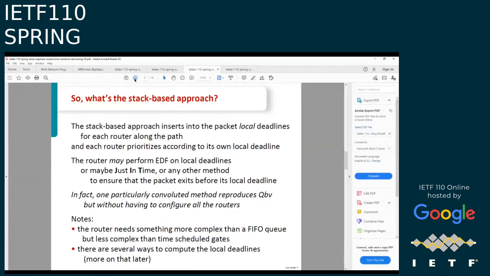That is, instead of having FIFO queues for each of the priorities for the output port, it has to have something more complicated. However, I think it's less complicated than what Qbv does with the time schedule gates that it defines. And as I already mentioned, there are several ways of computing the local deadlines. I give a specific one in the SRTSN draft, but there are many which have been discussed in the literature.